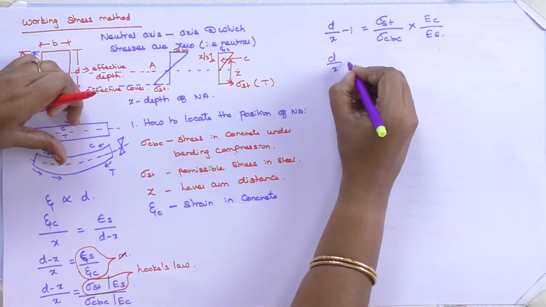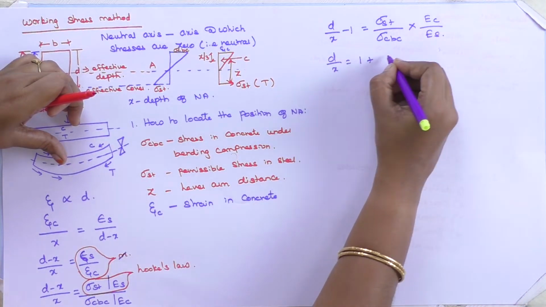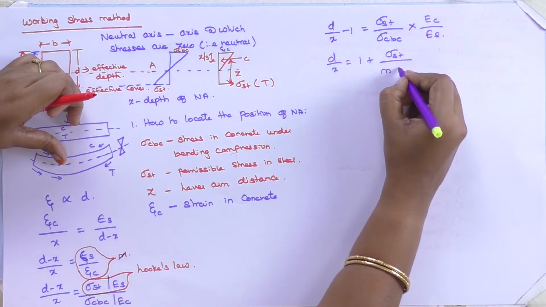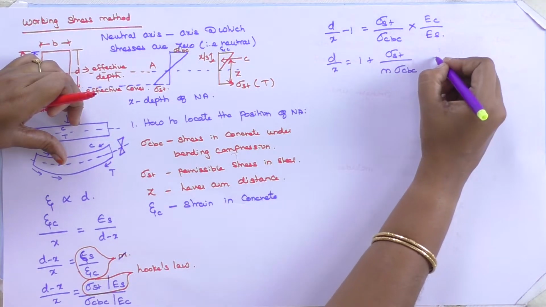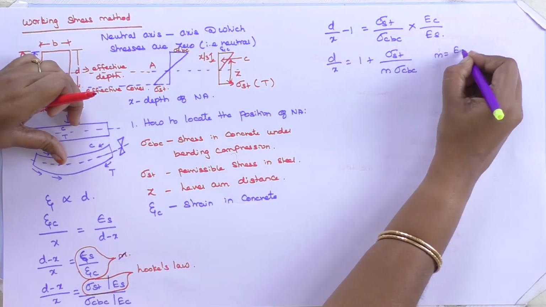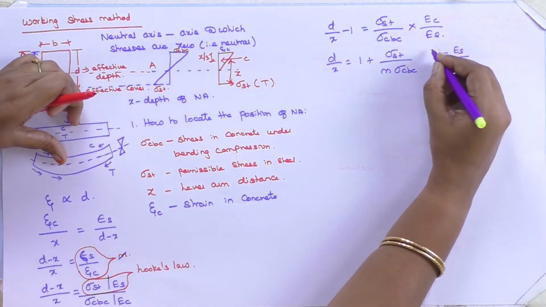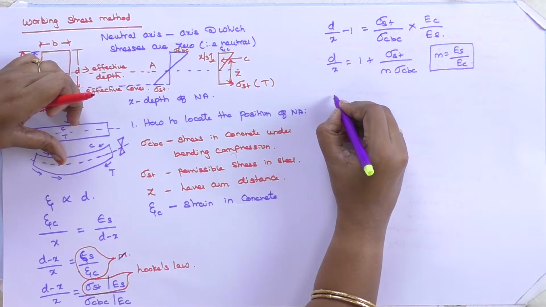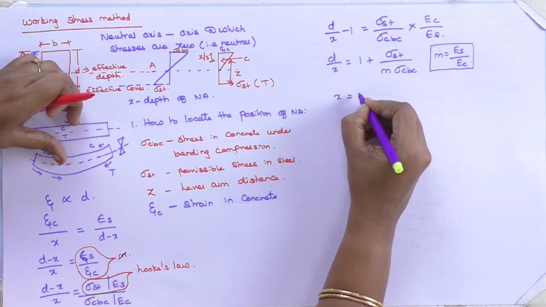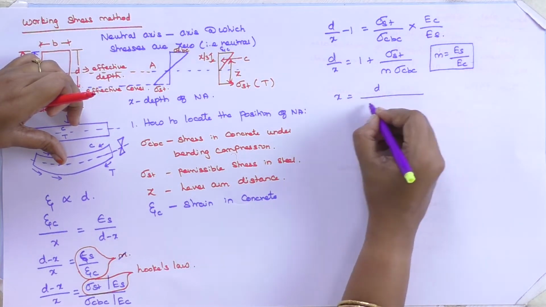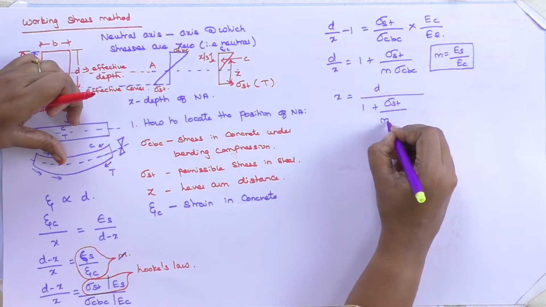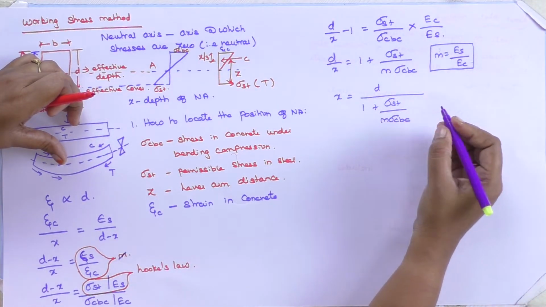D by x is equal to 1 plus sigma st divided by m into sigma cbc, where m is equal to Es divided by Ec. So, x is equal to d divided by 1 plus sigma st divided by m into sigma cbc.